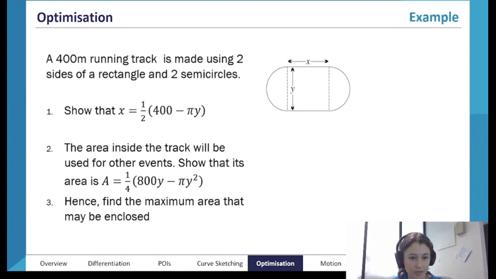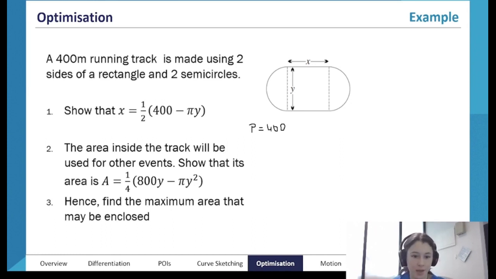So we need a relationship between X and Y. The information that we have is that it is a 400-meter running track. So the perimeter is 400.